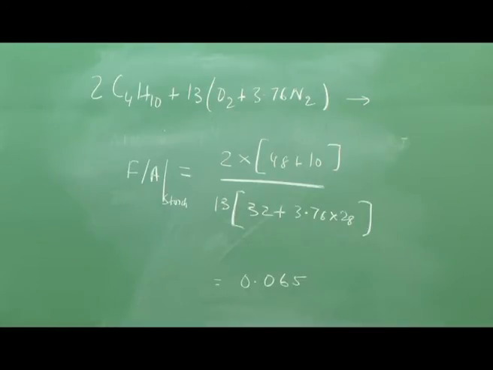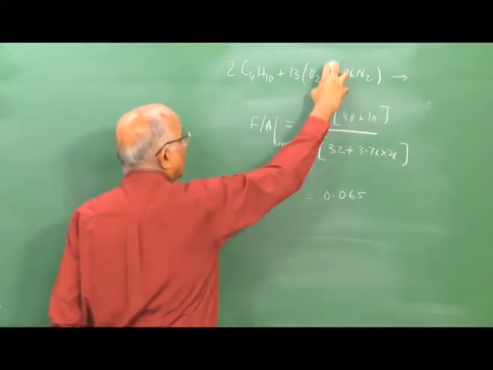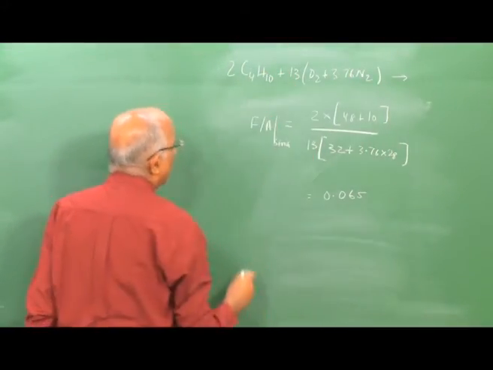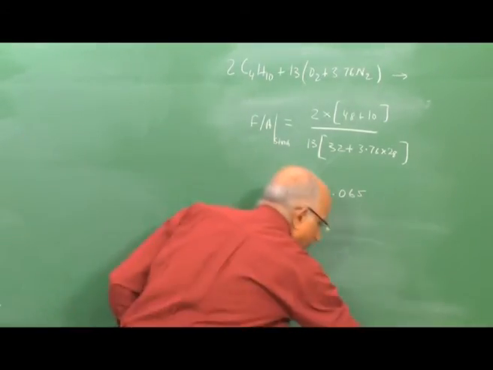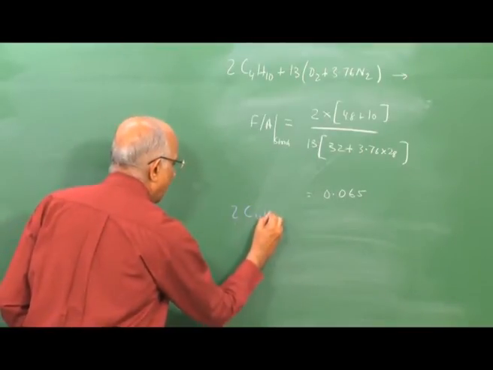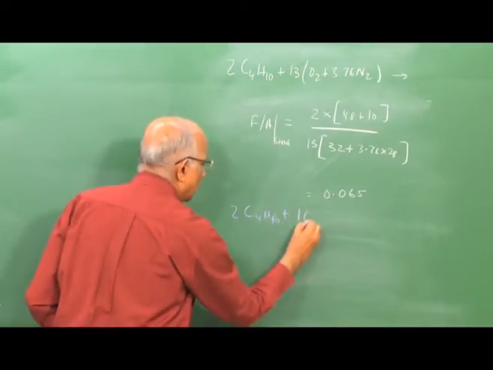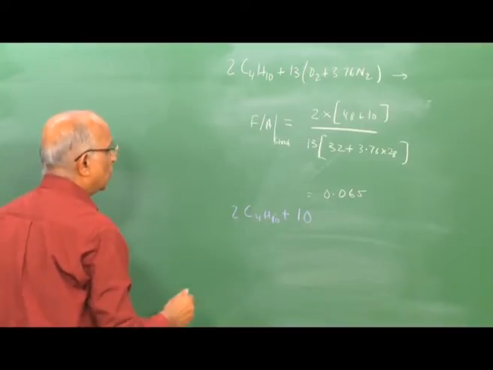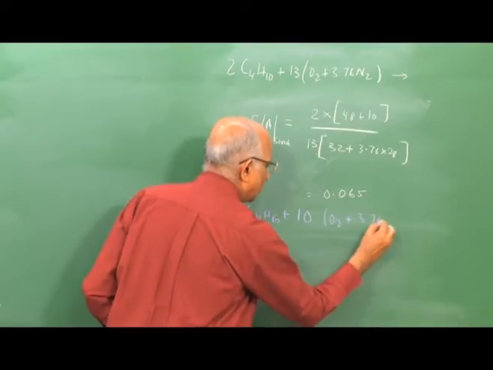But supposing, let us say, the spillage has happened in the kitchen, I release some amount of butane, and the amount of air in the kitchen is smaller or larger. Instead of this reaction, let us consider another reaction. I could have 2 C4H10, and instead of 13 moles, the amount of air with which it mixes is only 10 moles of oxygen plus 3.76 of nitrogen.